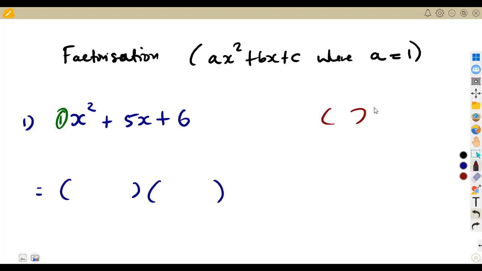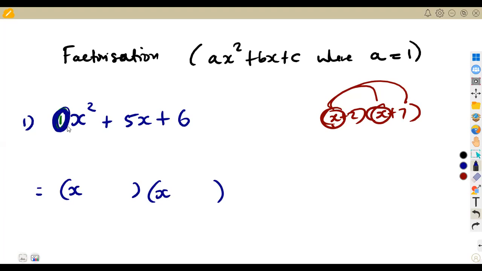If you have two brackets, for example x plus 2 and x plus 7, x multiplies every term. So in order to have x squared, it means you multiplied x and x. So in your brackets, we are going to have x and x, only if this is a 1. Only if there is a 1 do you write x and x directly, which is what I'm doing here.